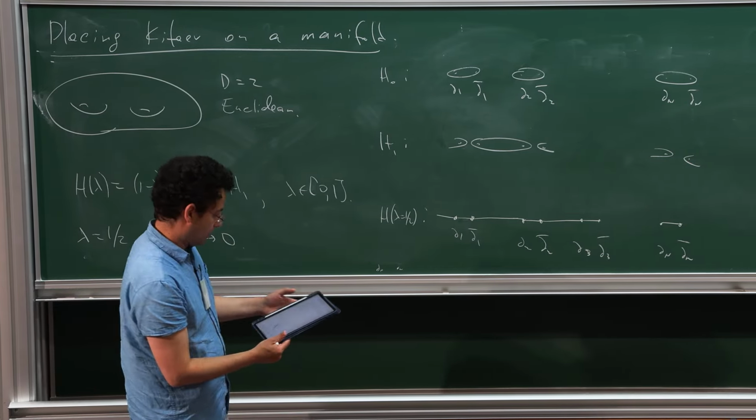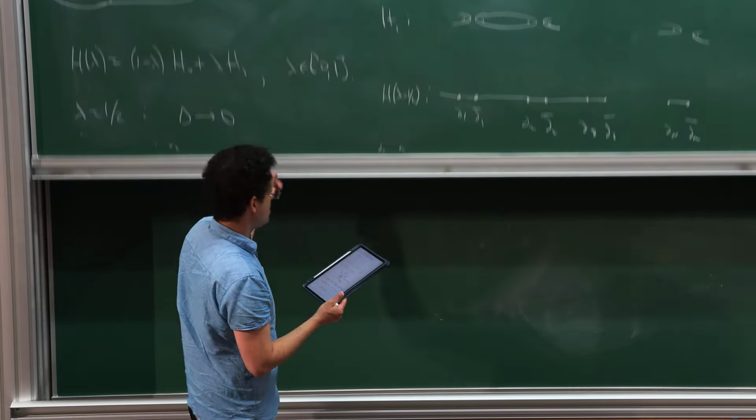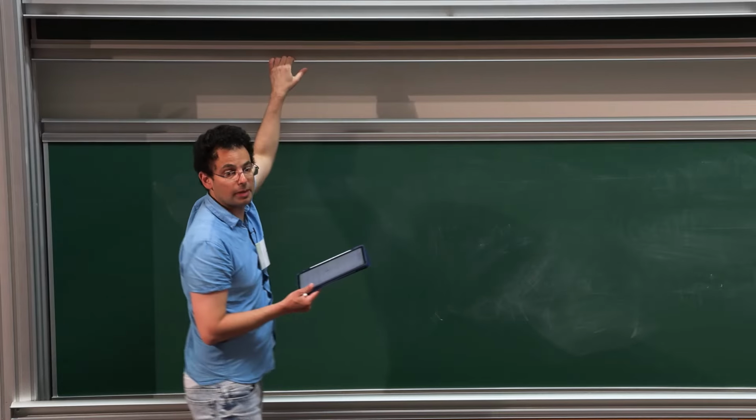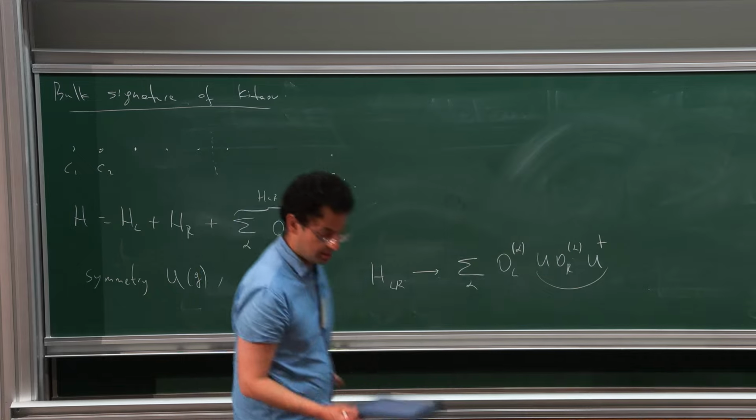Okay, so let me write down the Hamiltonian. This is still a free fermion Hamiltonian, so it can be diagonalized exactly.